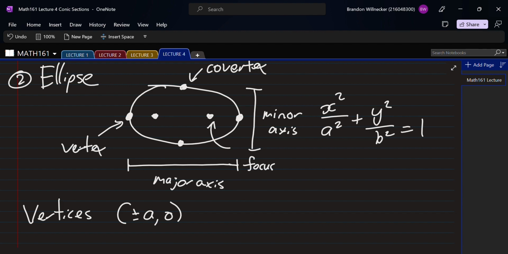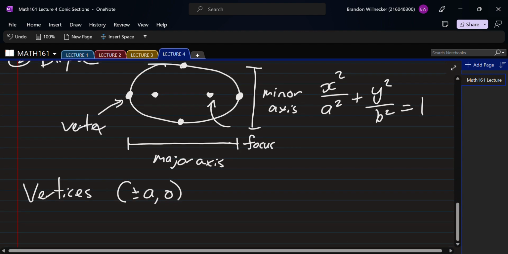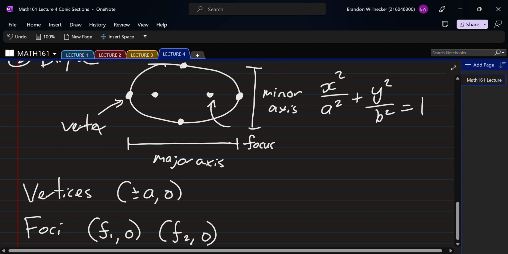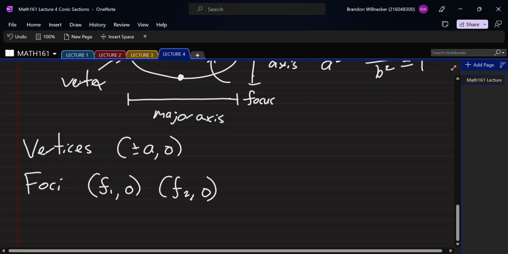Okay, so those are the vertices, and then what about the foci? So these are located at f1 and 0 and f2 and 0. So there's 2 of them, unlike for the circle where there's just the 1. Okay, how do we calculate these?